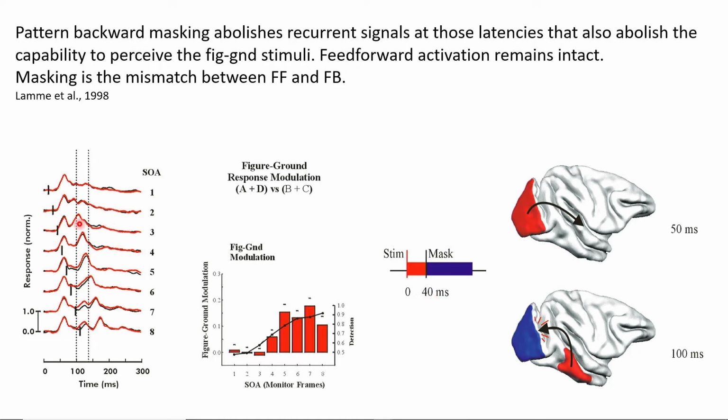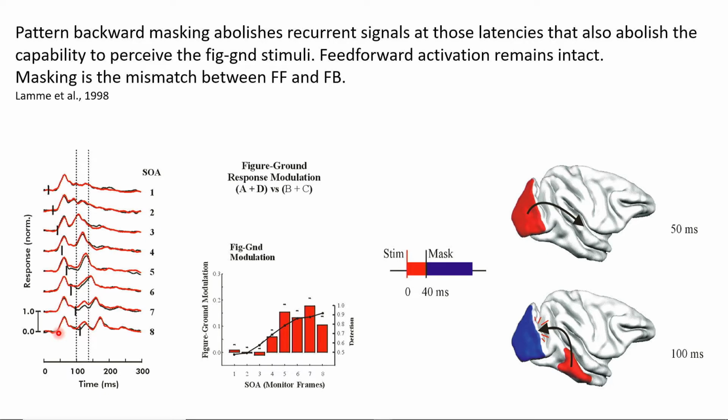If you look at the modulation, we saw a very similar behavior, in the sense that you don't get the modulation with these short SOAs and you do get the modulation with these longer SOAs. Again, this indicates a relation between monkeys seeing these things and whether you get these recurrent interactions. At the same time, these feed-forward activations, as you can see here, still remain in every situation.